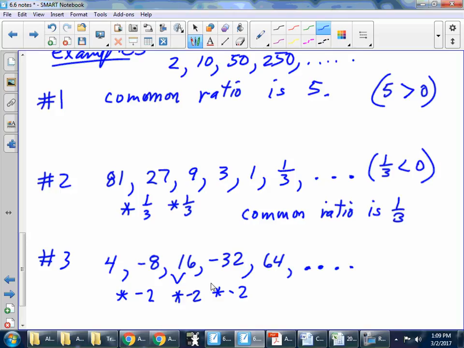And sometimes those phone calculators really are stupid. But anyway, if you see the sign alternating, negative, positive, like that, just know that your common ratio is negative.